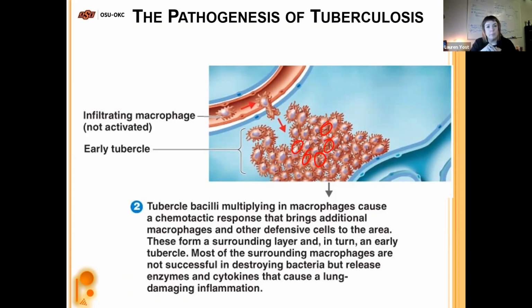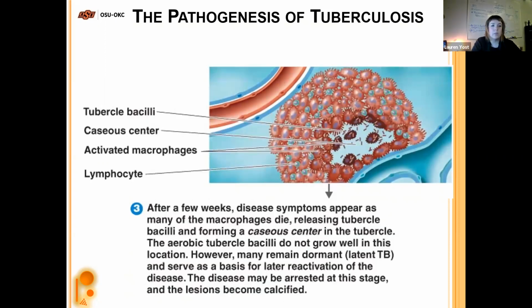They keep trying to kill the bacteria, but it's not working because they're resistant. And they're just making this big old area with more and more macrophages coming into the area that are going to become infected by those Mycobacterium tuberculosis.